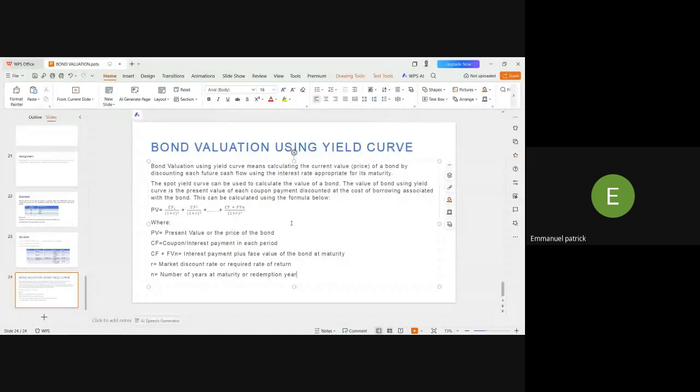Then for year two, the cash flow for year two divided by open brackets 1 plus rate for year one, close bracket, open another bracket 1 plus rate for year two, then you close it. You will not be scared at all. Very good. Like that, up to the number of maturity. But why that approach? Let's ask ourselves, why do we have to go that way?